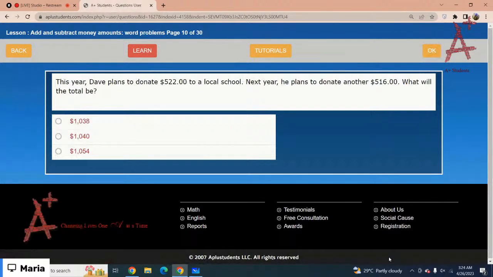Okay, this year Dave plans to donate $522 to a local school. Next year he plans to donate $516. What will the total be? You have to calculate the total amount, so you have to add them.